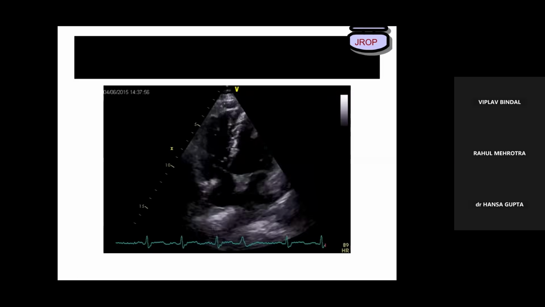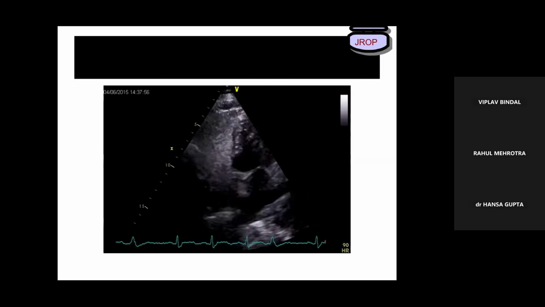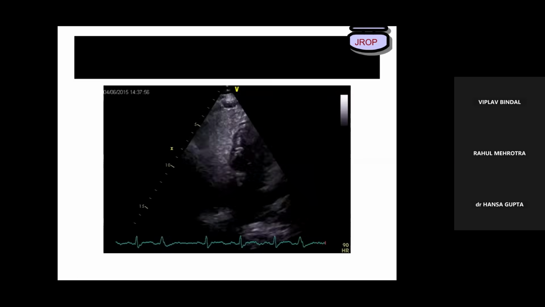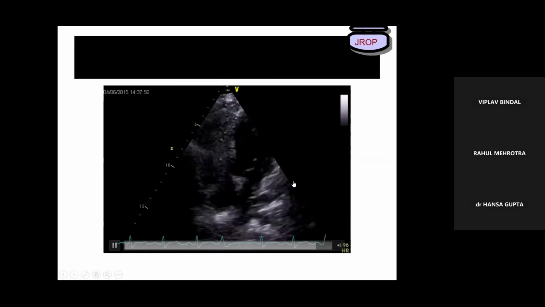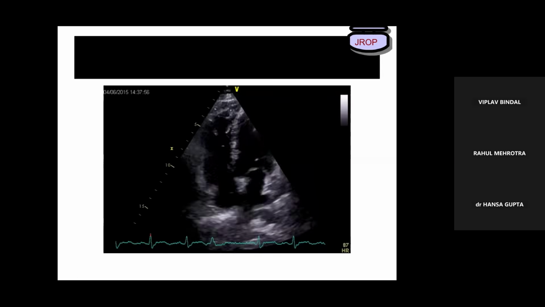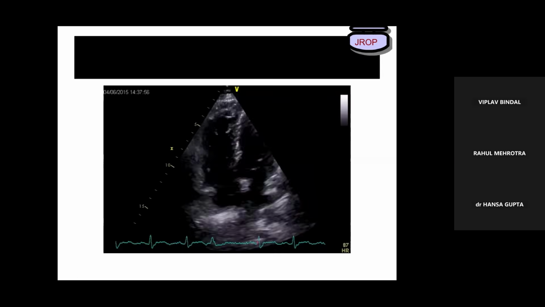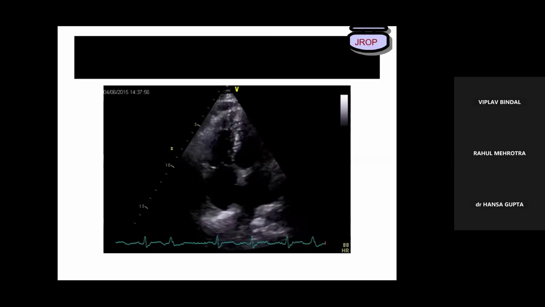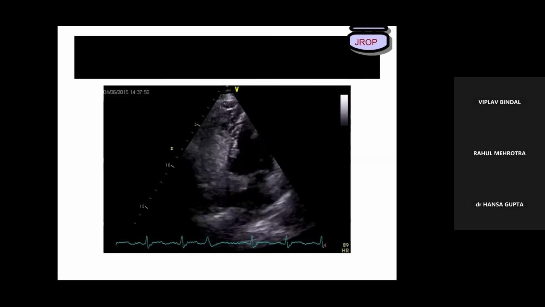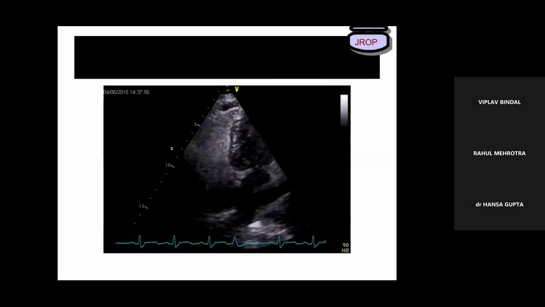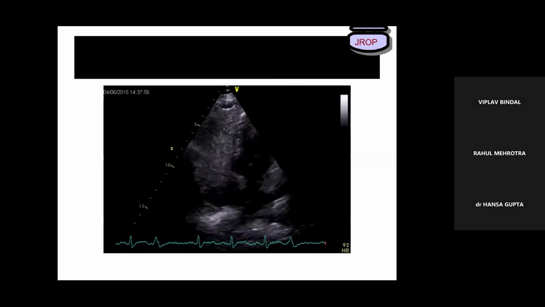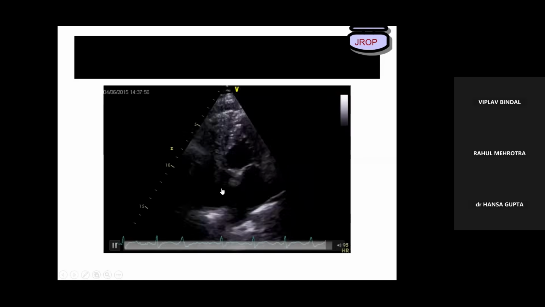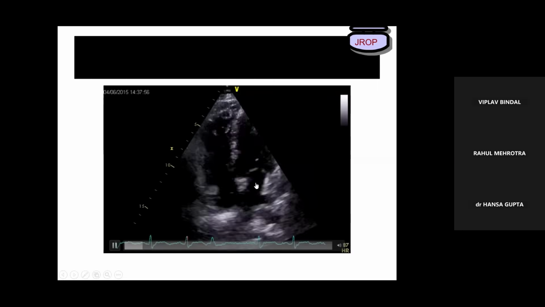And as the patient held his breath for a little longer, the bubbles started coming from right to left sides. Because when he was holding his breath, he gradually went into a Valsalva maneuver automatically. If we ask him to do a forced expiration and hold his breath, what happens? The image is disturbed completely. And that's how we were able to see a flow of bubbles from the right atrium and right ventricle to the left atrium side.